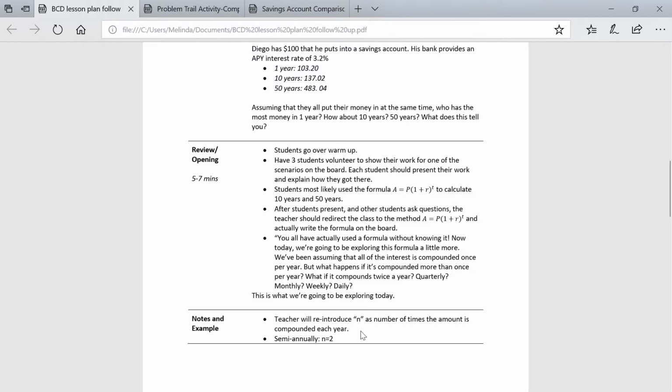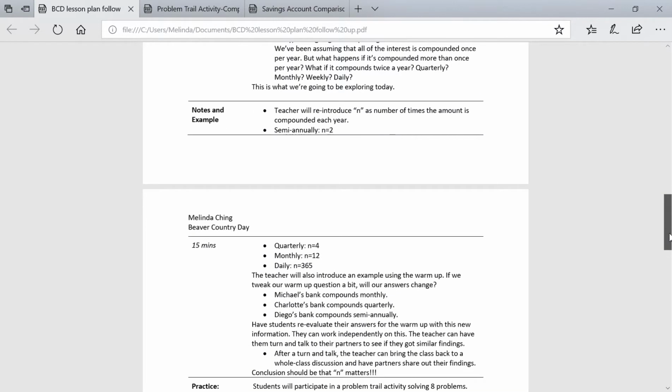So I'm going to then reintroduce the variable n as the number of times the amount is compounded per year. The students have been somewhat introduced to n. Before my demo lesson on Friday, I got to observe Joe Robinson's class, and before that, the students had been introduced to n as a number.